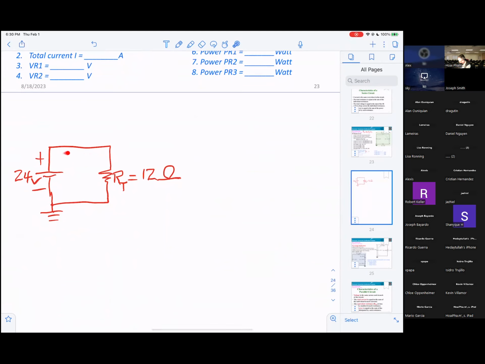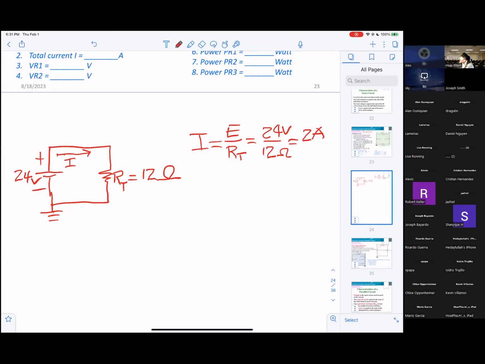And you can get the current flowing here by applying Ohm's law. I equals E over R, so 24 over 12 gives you 2 ampere. That is how I calculate the current.